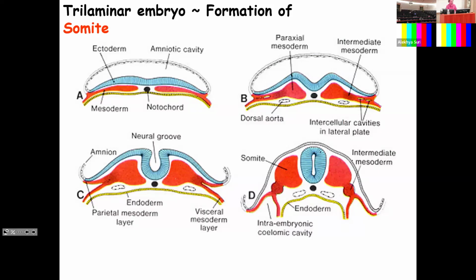So we have ectoderm, plus the neural tube, mesoderm in red, and endoderm in yellow. And then this keeps giving rise to more and more structures, okay? But that's the principle of embryogenesis: one layer gives rise to another layer, etc.